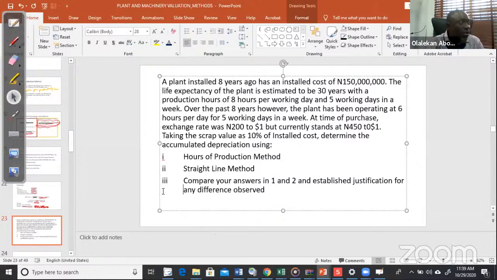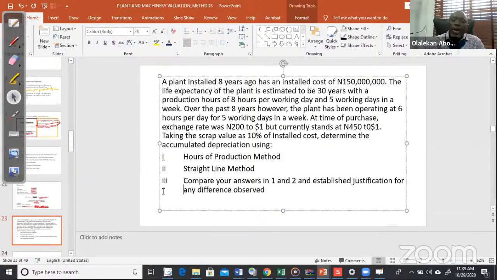That will give you the total working hours in a year. Then multiplied by the life expectancy, the number of years that the equipment can run, 30 years. That will give you 62,400 as we have done.